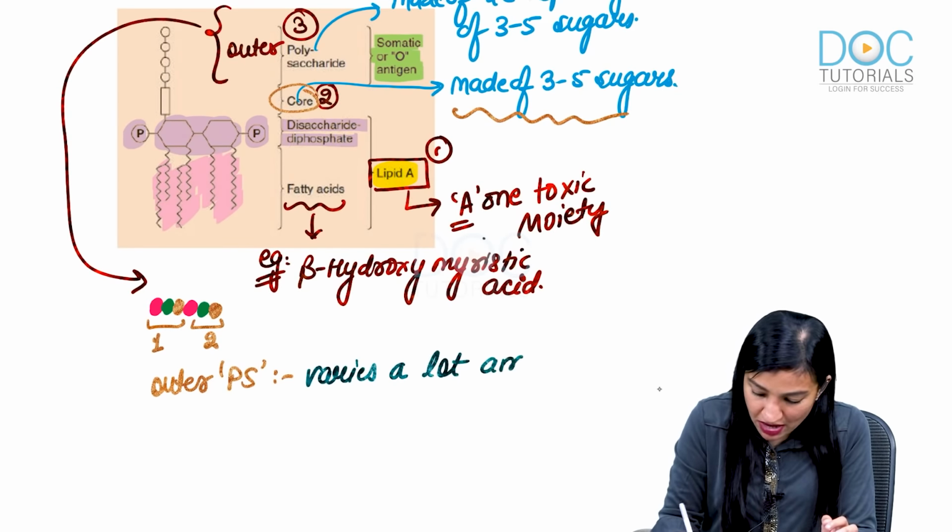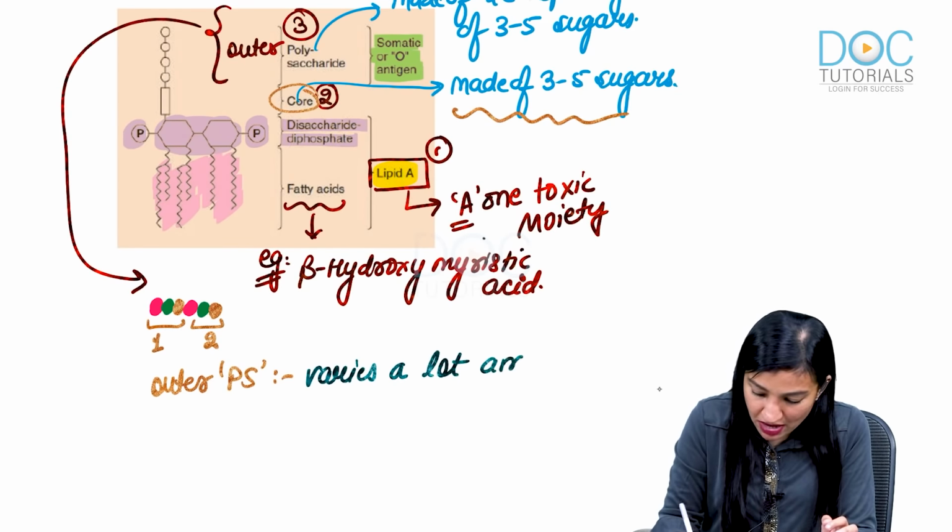Sero means actually surface. So serotyping means typing or classifying bacteria based on certain surface structures. One such example of a surface structure is the outer polysaccharide. We are going to see in bacteriology a lot of examples of serotyping. Basically, serotyping is done to classify a bacterium below the level of the species.